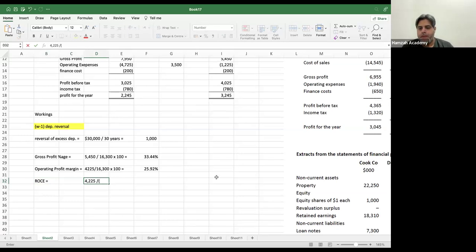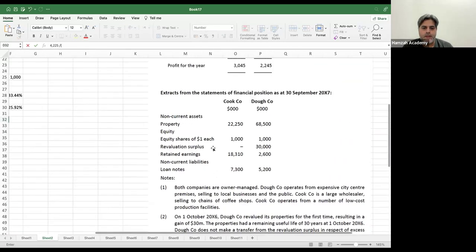In this case, equity share is 1,000. Then we have this 2,600 over here. So that's going to be 3,600. And then this is the 5,200 over here.